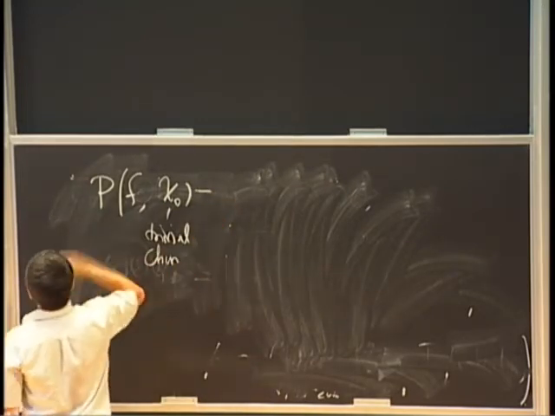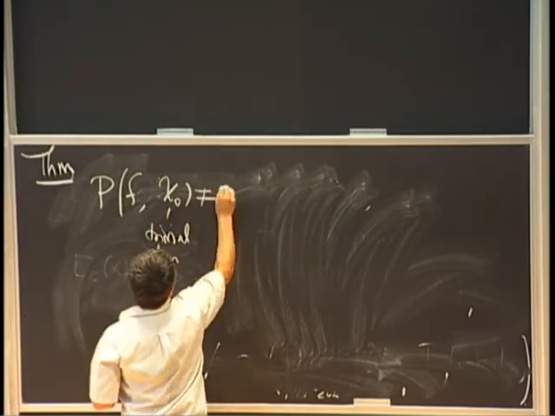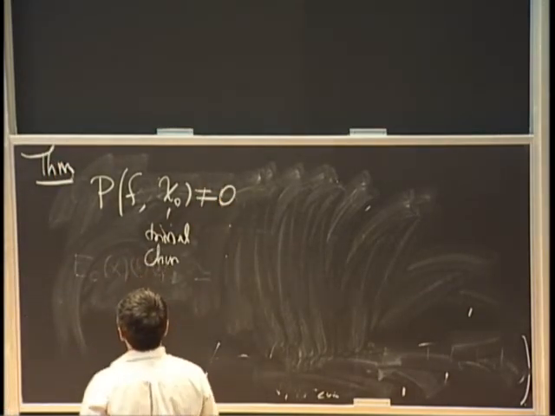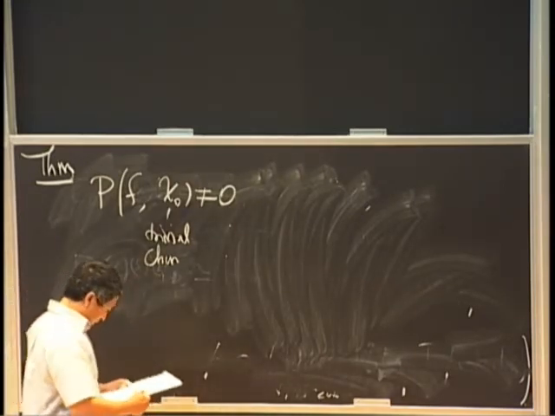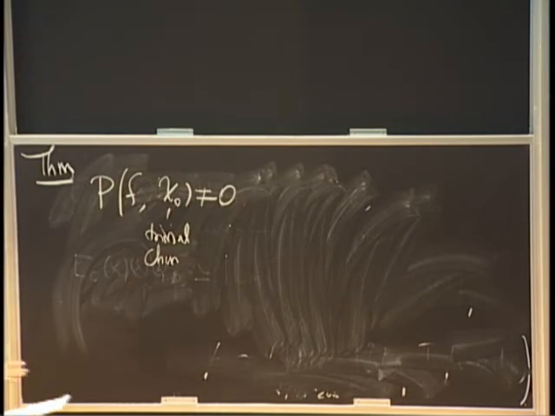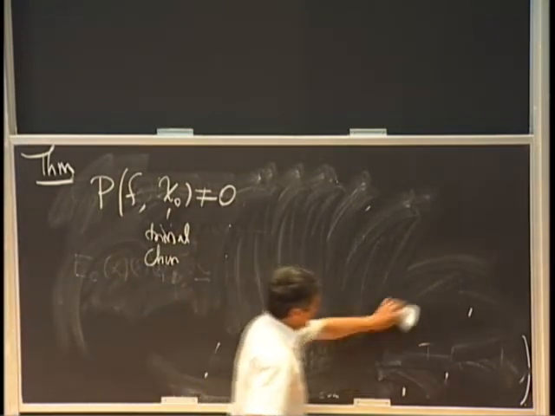He showed the theorem. He proved that this one is not 0. He basically considers the point and shows it is non-zero by a certain miracle method, but we're not going to describe that.